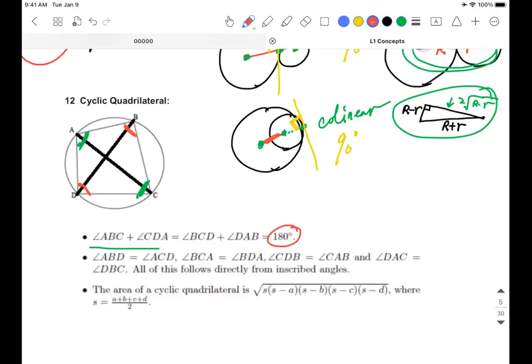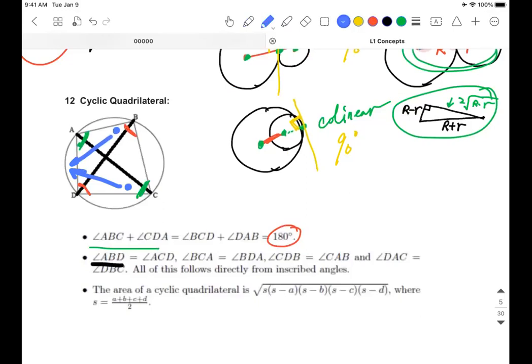If you look at angle ABD, I'm going to change to a different color, this angle is actually equal to angle ACD. As long as they're facing the same chord, these two angles are equal to each other. I think this is a very easy property.